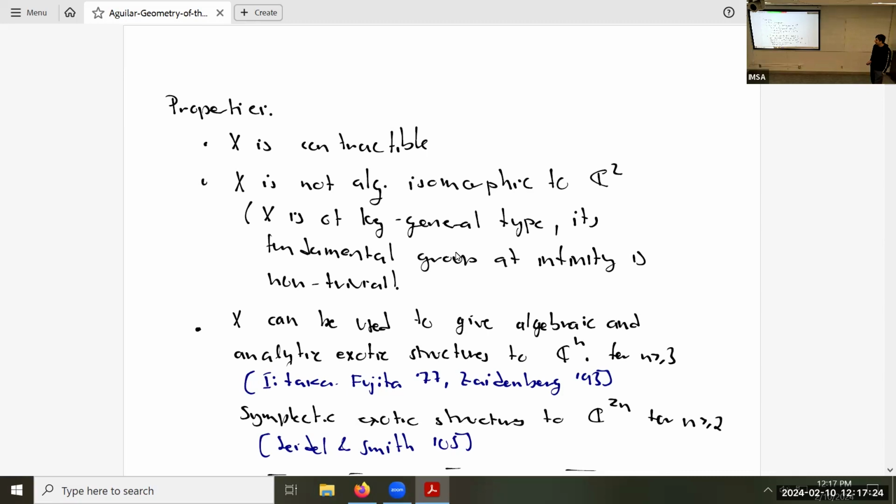And it can also be used to construct symplectic exotic structures on C2n, basically taking powers of X times X times X. But we don't have cancellation theorems in this symplectic world.